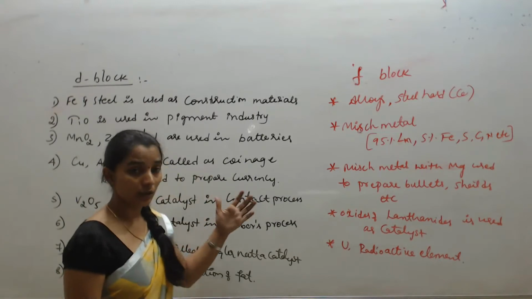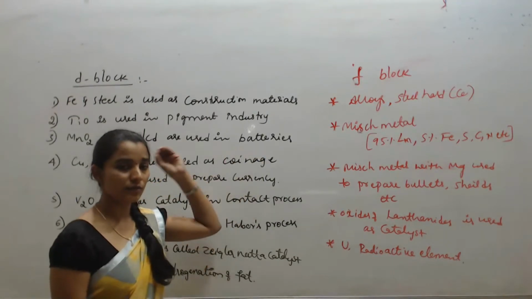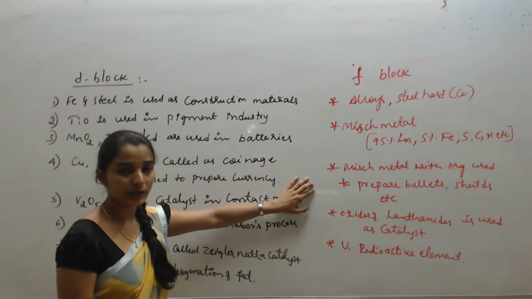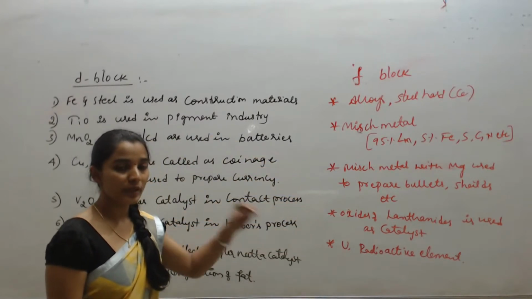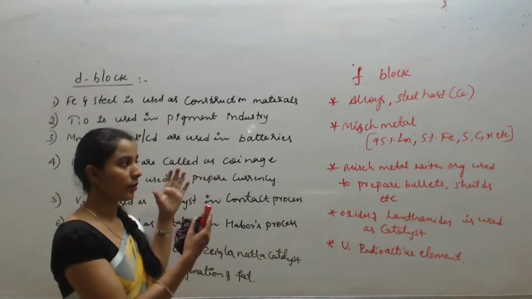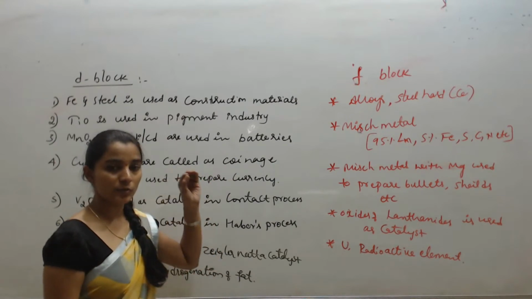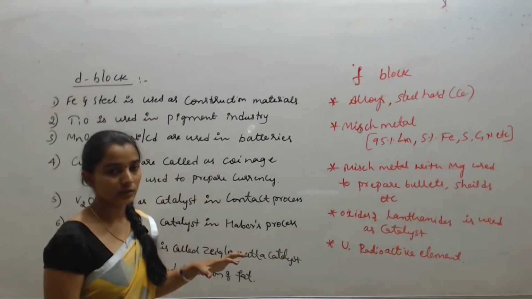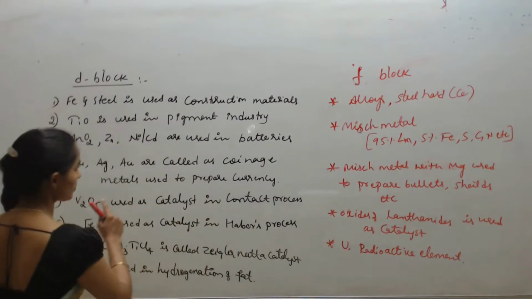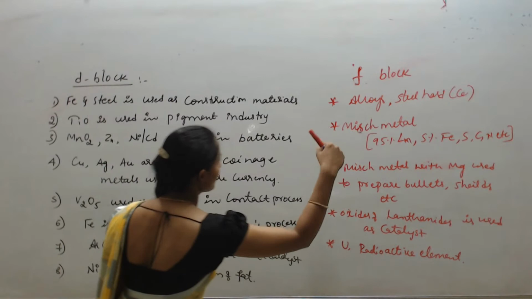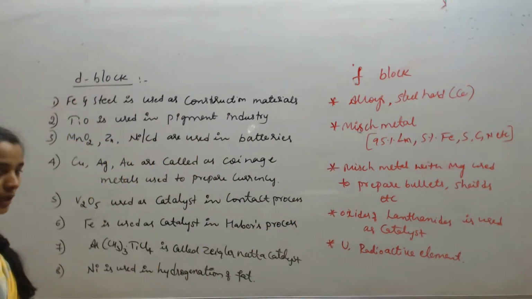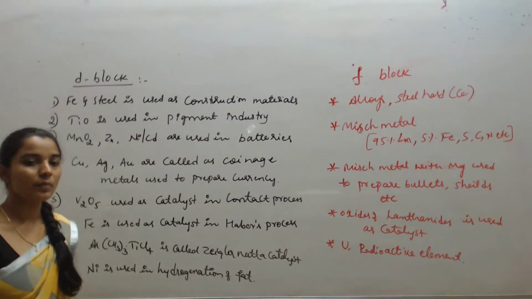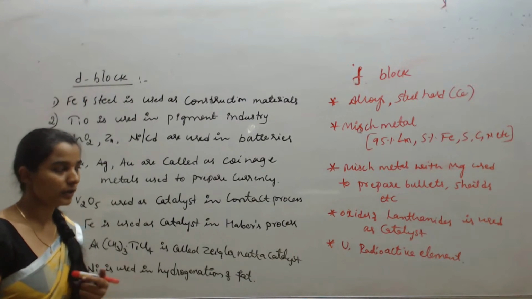The remaining 3 marks question is asked from any one of the concepts I explained till now, maybe properties of d and f block, or the difference between lanthanides and actinides, whatever the way they will ask. The important thing here is, students, you have to remember the composition of mixed metal. Okay, so this completes the chapter d and f block. Thank you.